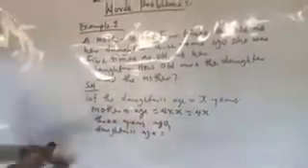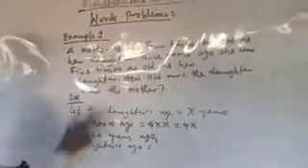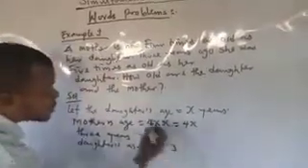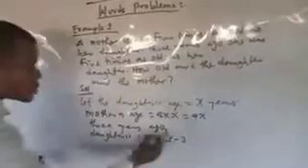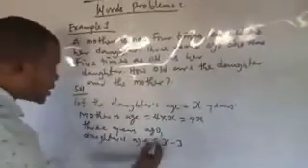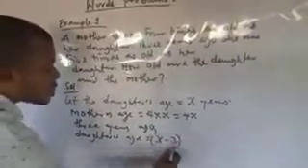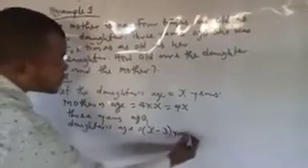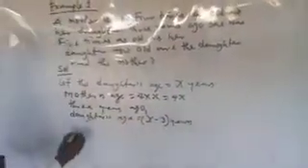But 3 years ago, the years have already gone past. So we are going to deduct it from the real age of the daughter. So 3 years ago, we have x minus 3. Subtract the 3 from the present age. So the daughter's age is x minus 3 years.